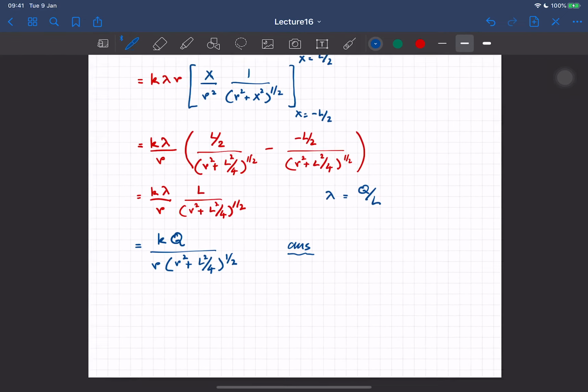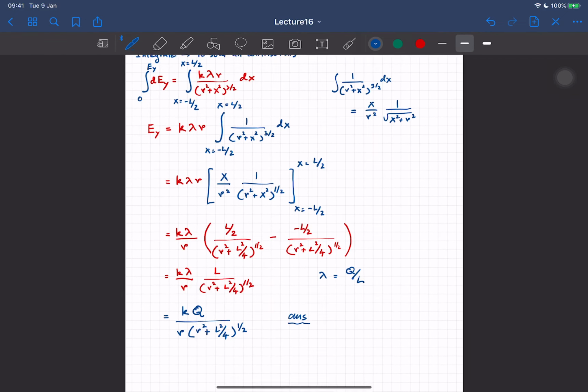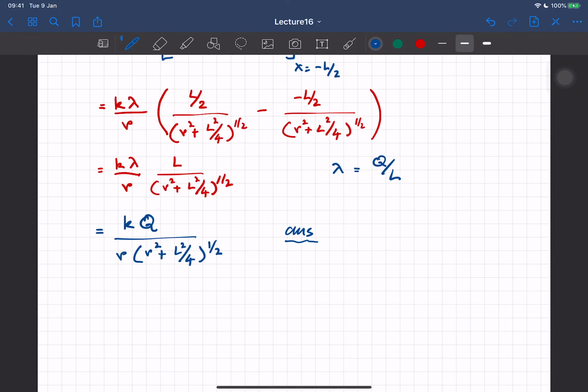After this long calculation, it's probably good to check whether we did something wrong. That's true no matter whether it's a long or short calculation. So let's check if the formula has the correct unit. The whole thing here is the electric field in the y direction, E_y. Electric field is kQ divided by r square.